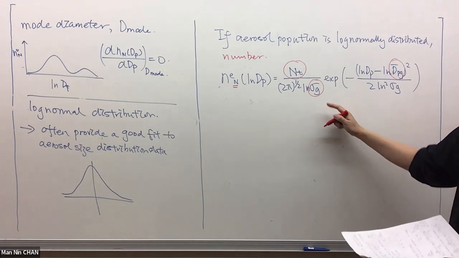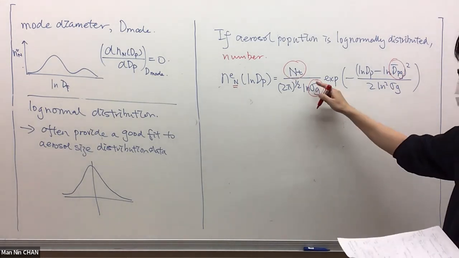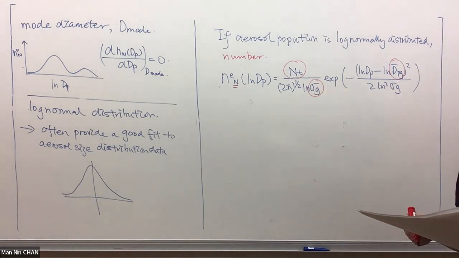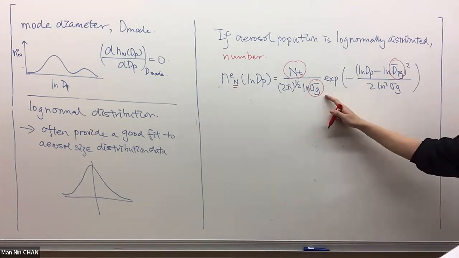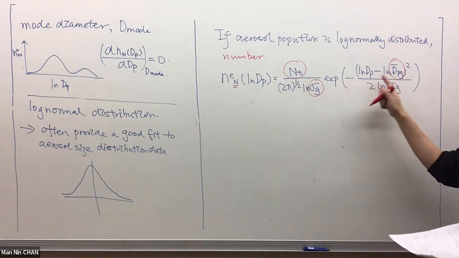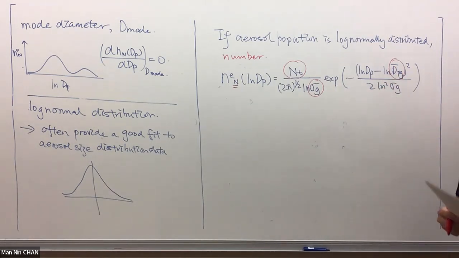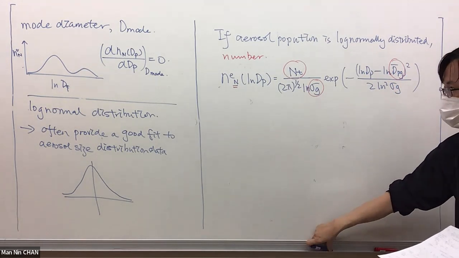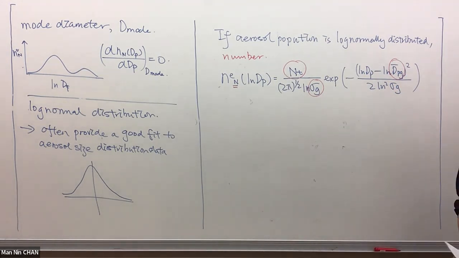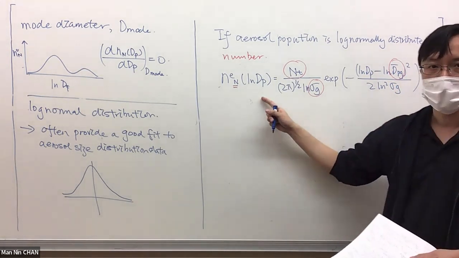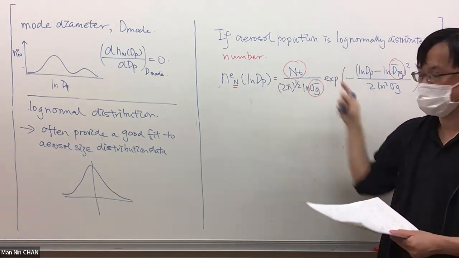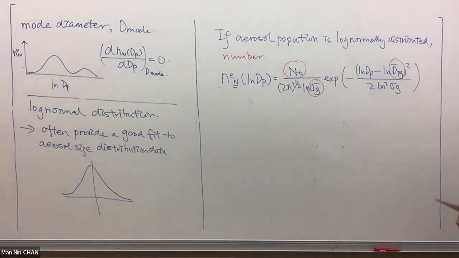Now we're going to show you the physical meaning, or the physical significance, of these two parameters, sigma_G and d_pG. To use this function, you need these three parameters.